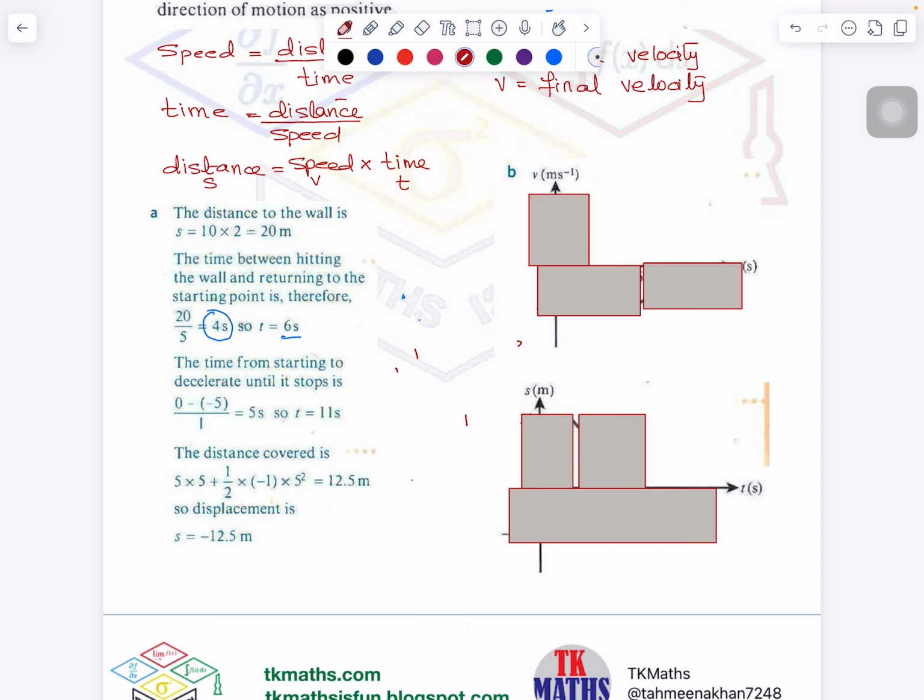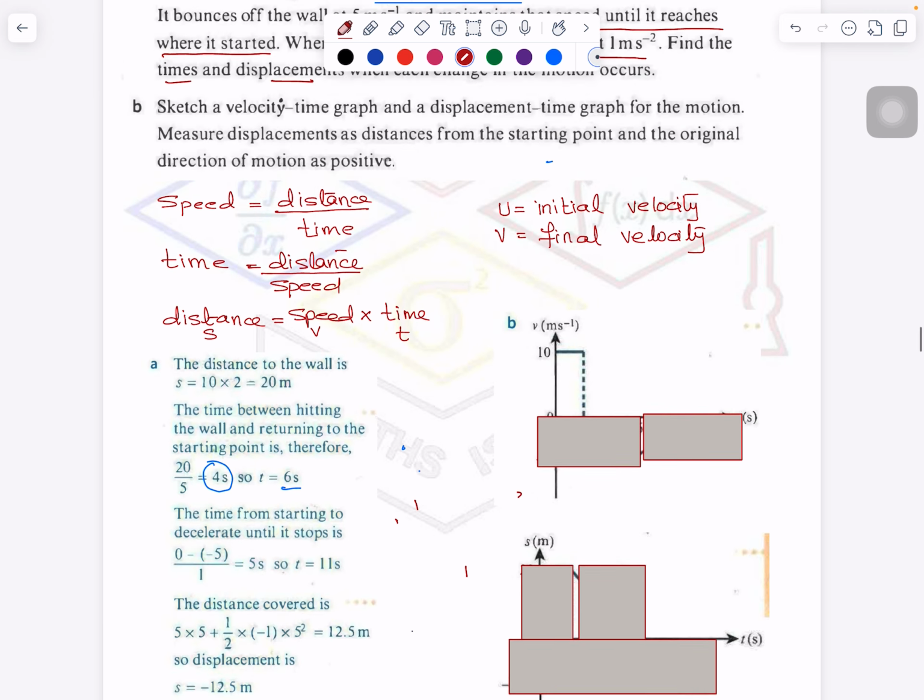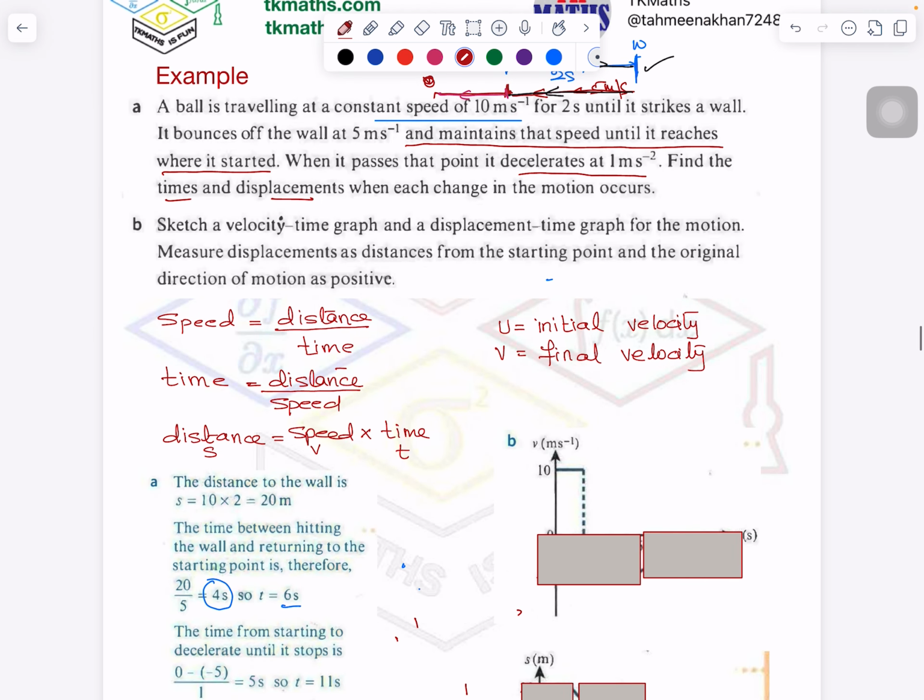Okay, so now let's see the velocity time sketch first. If you see here, the ball was traveling with the speed of 10 meter per second for 2 seconds. So it will be 2 seconds here. So this is the first line. After that, there is discontinuity. Why? Because it bounces back.